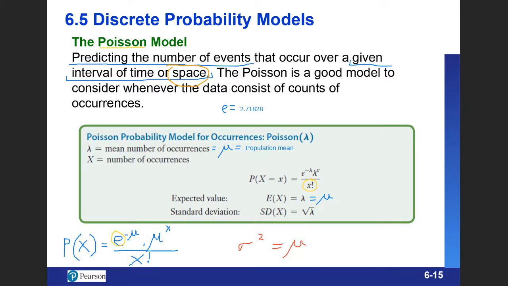And this is only true for a Poisson model. Sigma squared is always equal to mu. So what's sigma squared? Sigma squared is your variance. Variance is always equal to population mean when you're dealing with a Poisson model. This is not true for any other distribution. Okay, so you have to remember that sigma squared is equal to mu. Okay, I'm moving to the next slide. Any questions?